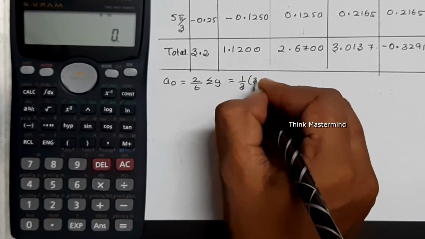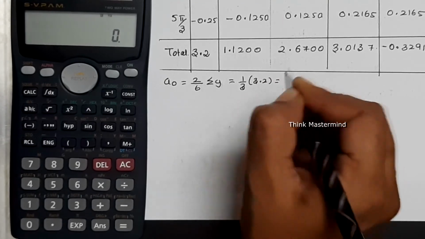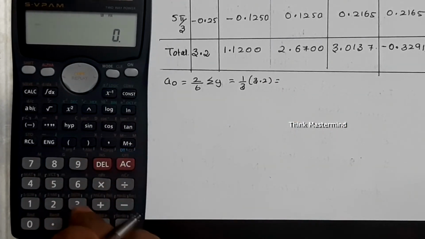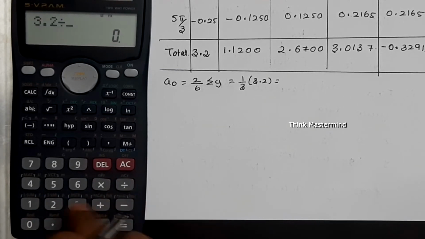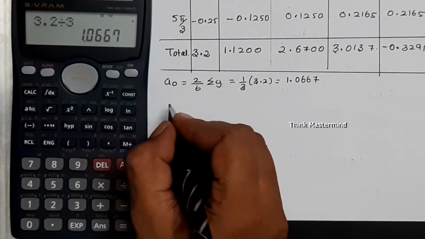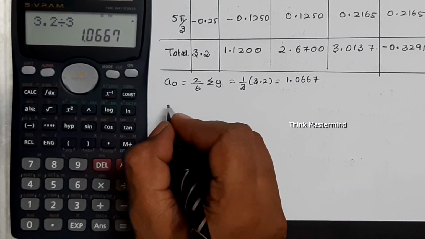of 3.2, that is equal to 3.2 divided by 3, that is 1.0667.